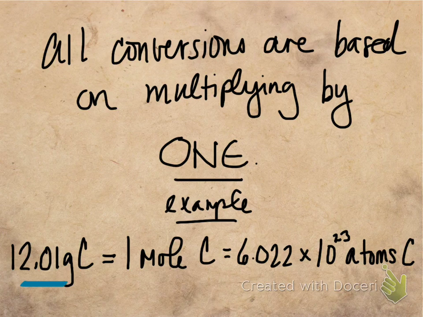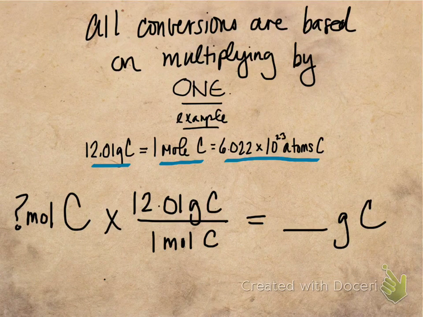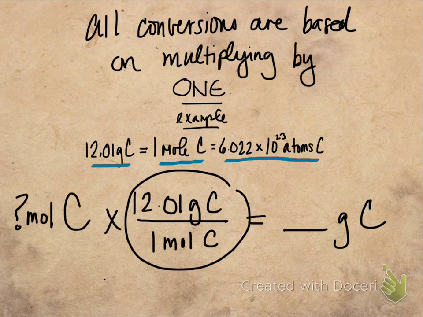Since 12.01 grams of carbon is equal to 1 mole of carbon is equal to 6.022 times 10 to the 23rd atoms of carbon, that allows us to multiply some number of moles of carbon by our conversion factor, which is really just 1, which is 12.01 grams of carbon equals 1 mole of carbon. Because those two things are equal, we're just multiplying by 1, and that gets us some number of grams of carbon. So let's go ahead and start practicing these.